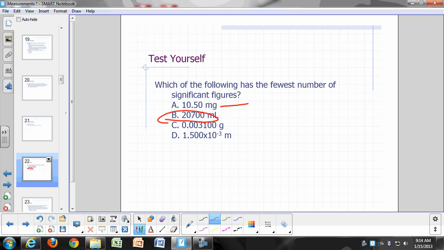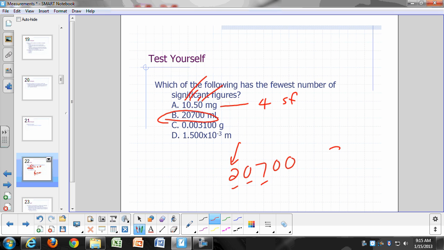10.50 has 4 significant figures. Start with the first non-zero digit and go all the way to the end if you have a decimal point. So 1, 2, 3, 4. 20,700 has no decimal point, so you start with the first non-zero digit and stop at the last non-zero integer.